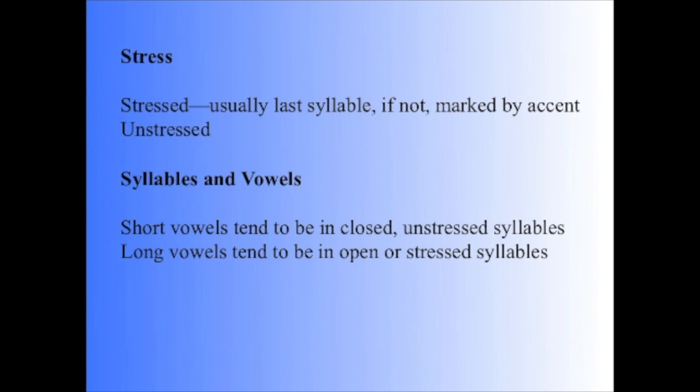All other syllables are unstressed, and this affects the vowels that are used in a particular syllable. So, for example, the short vowels that we learned about tend to be in closed, unstressed syllables, whereas the long vowels tend to be in open or in stressed syllables.